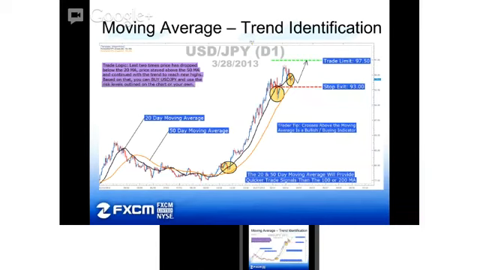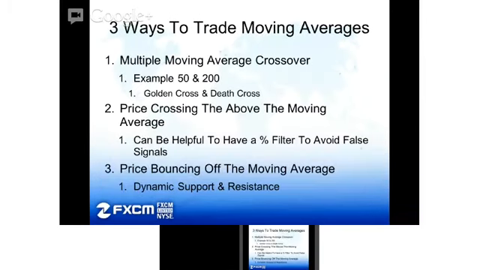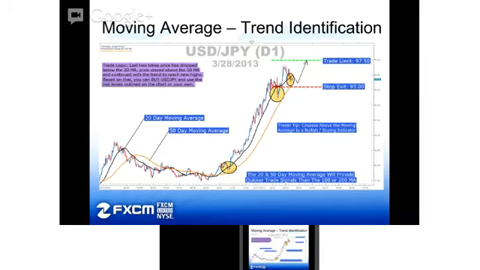And so what moving averages help us do is find dynamic, and by dynamic I mean acting, moving, breathing with the market, levels of support and resistance. So once we've identified the trend, in this case we have an uptrend, we then want to find places to enter.